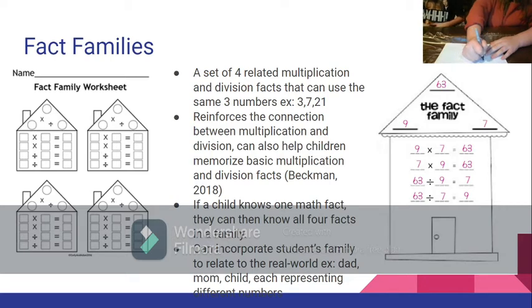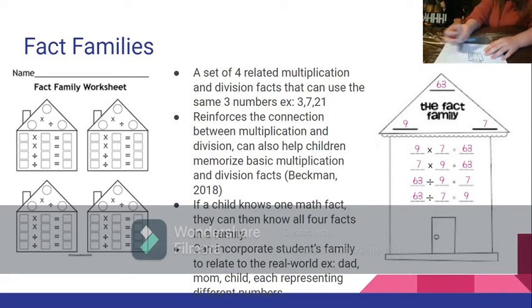So if we start with a house, and we use our 3 numbers, 3, 7, and 21. We have blank times blank equals blank, blank times blank equals blank, blank divided by blank equals blank, and blank divided by blank equals blank.